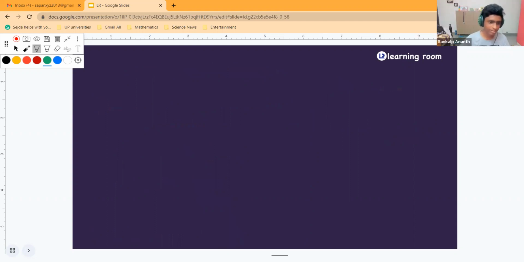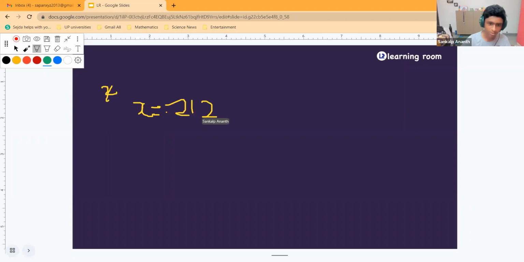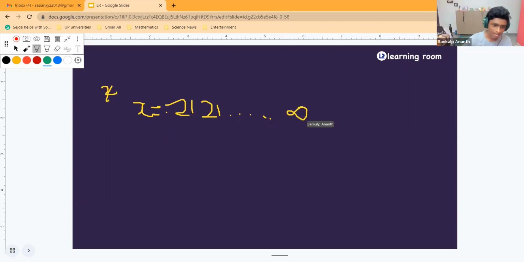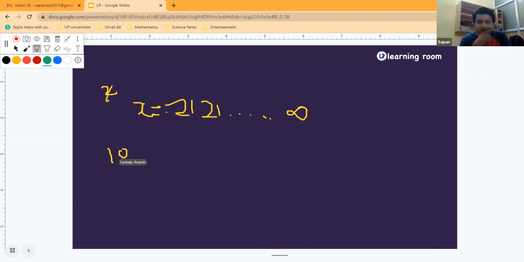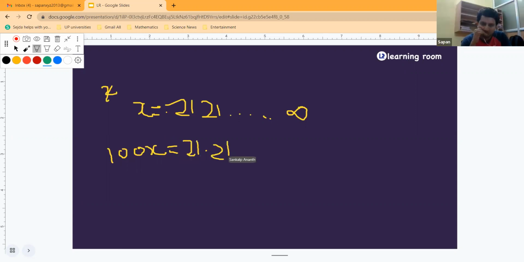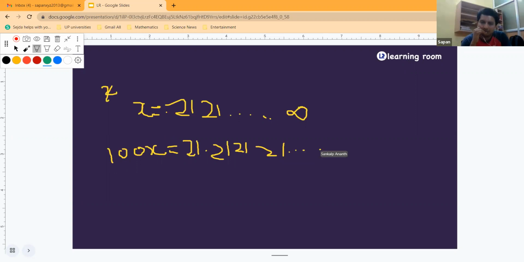So you're saying x is equal to 0.2121, and this goes till infinite. 100x is equal to 21.2121, dot till infinite.